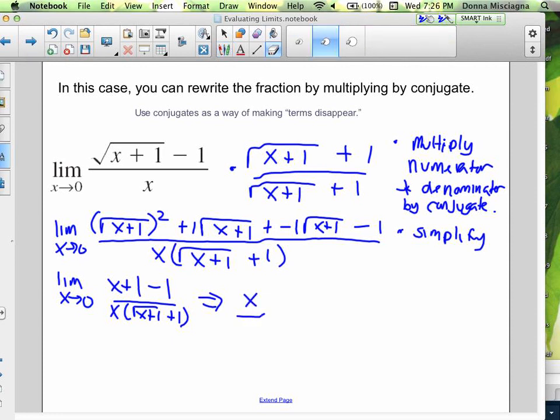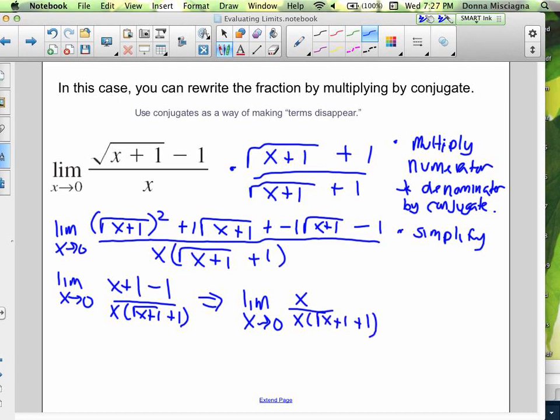The limit as x approaches 0, because the function itself, x would never be 0, because that would make the denominator 0. So the limit as x approaches 0 of x divided by x times the square root of x plus 1, plus 1.